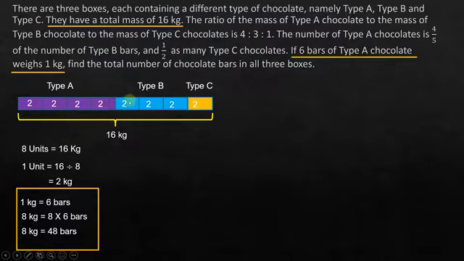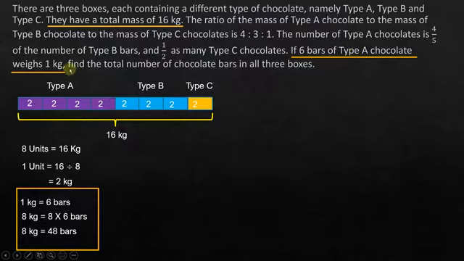Can we apply the same logic here? No, we cannot, because we know that their mass is 2 plus 2 plus 2, which is 6 kg, but we don't know if these chocolates are the same size; they could be smaller, right? Because what's been given here is that 6 bars of type A chocolate, they're specifying type A chocolate, weigh 1 kg.